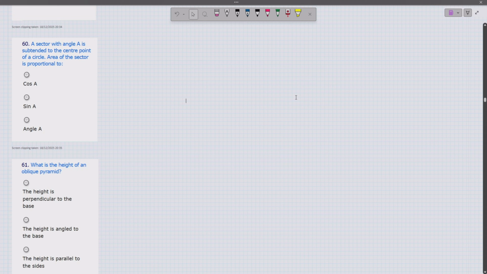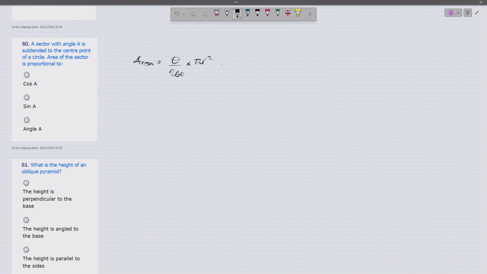A sector with angle A is subtended to the center point of a circle. Area of sector is proportional to. So if you have the area of a sector, area equals theta over 360 times pi r squared.